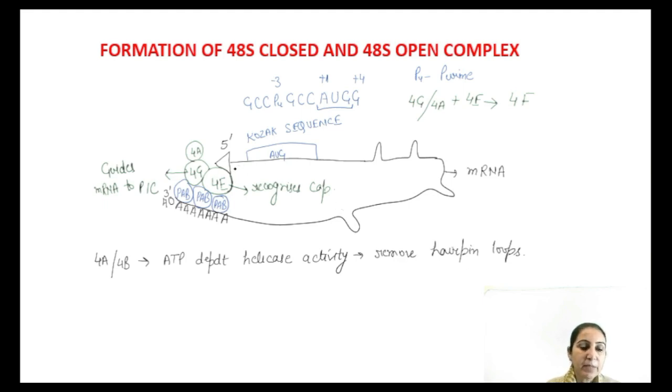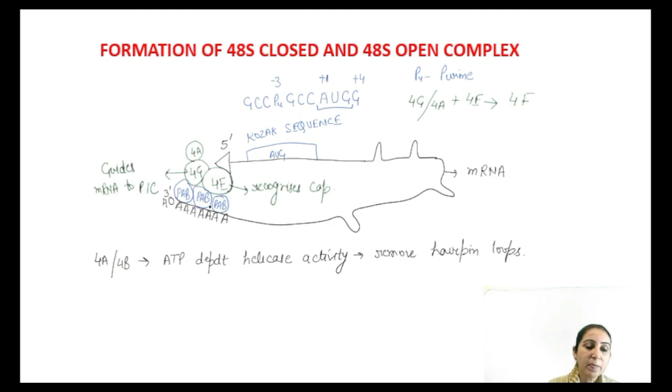So what happens? First, initiation factor 4F comes. This initiation factor 4F is actually a combination of many initiation factors like 4G, 4A and 4E. The 4E initiation factor combines with the cap of the mRNA on one side, and on the other side it combines with poly A binding proteins.